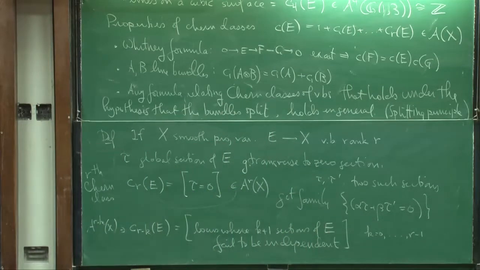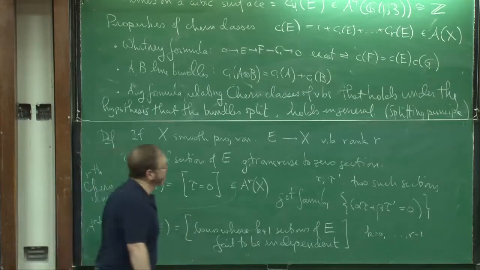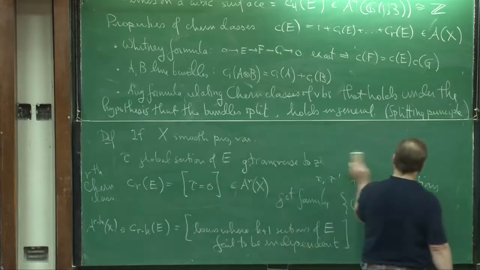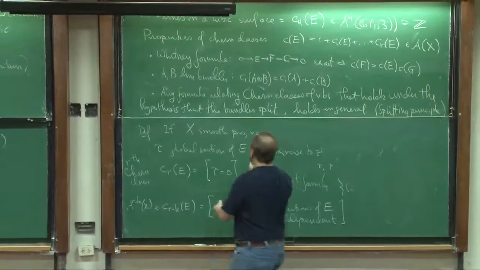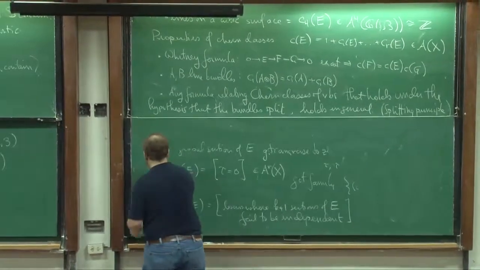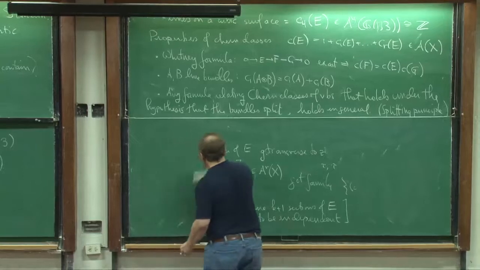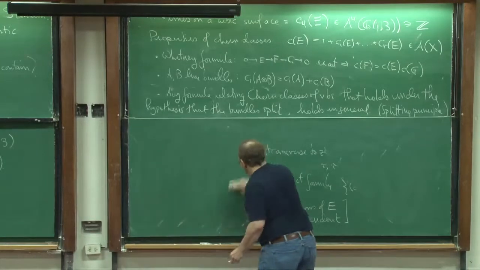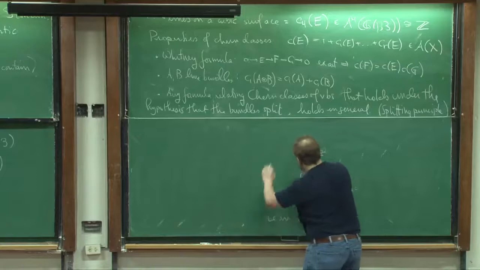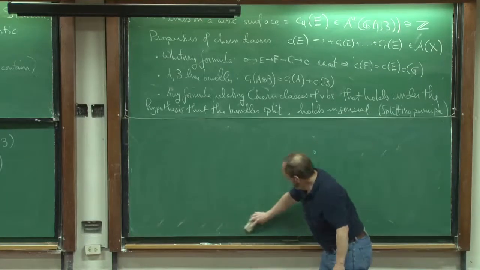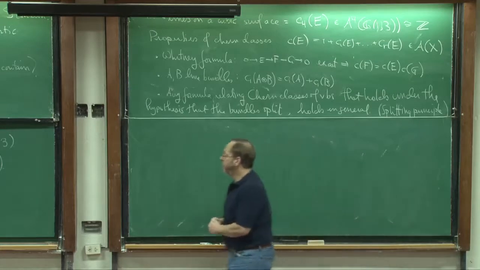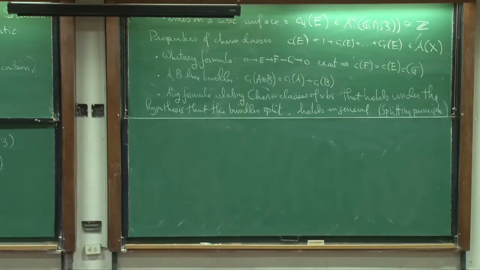And now what we're going to do is use these to calculate C4 of E. This is a good example of how we do this. So the first thing, in order to apply these ideas, we have to relate the bundle E to simpler bundles.